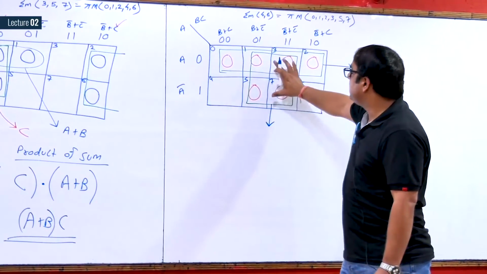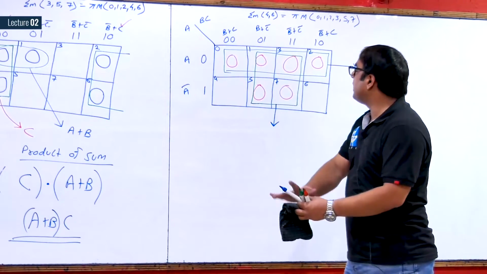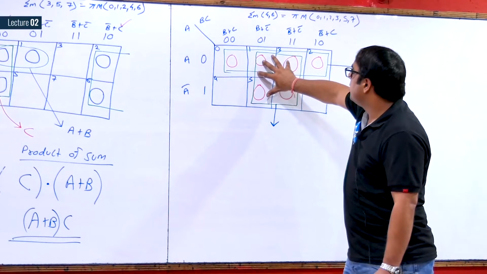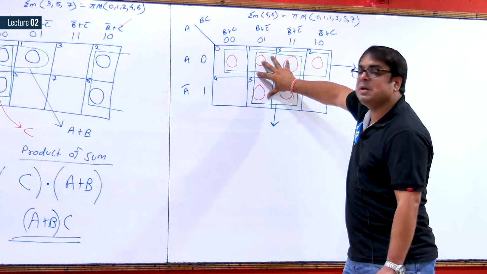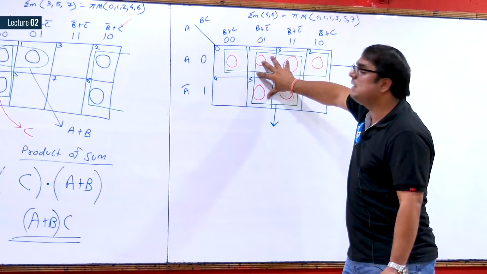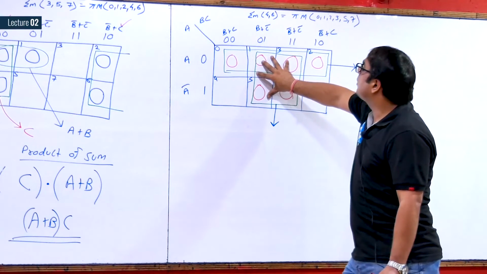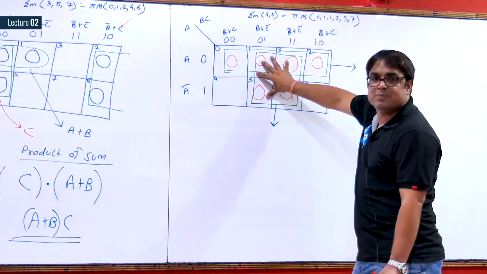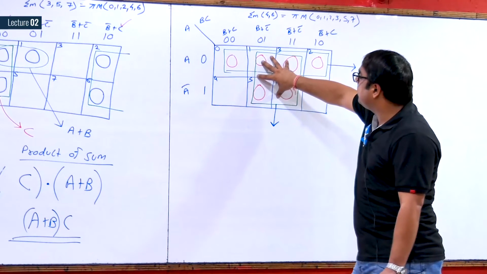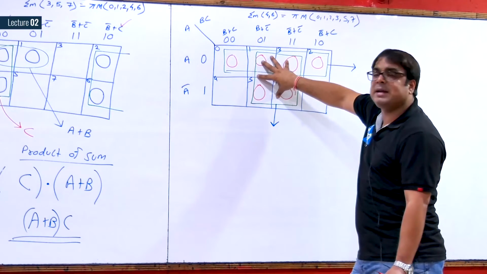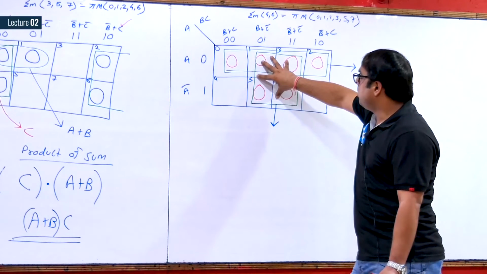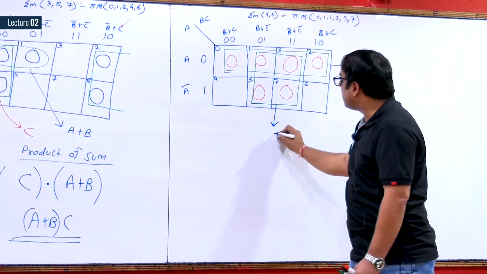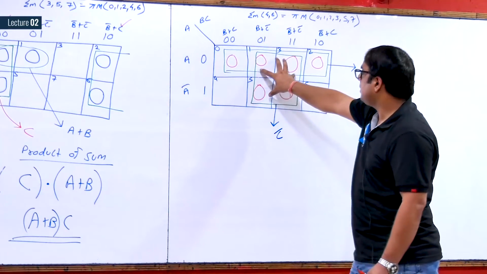Now, this group, what is common? For this group 1, 3, 5, 7, A is changing. We have A and A complement both, so that will be reduced. For this group, B is also changing, B and B complement, so the only common part is C complement.